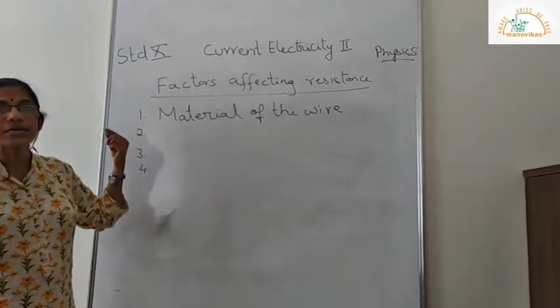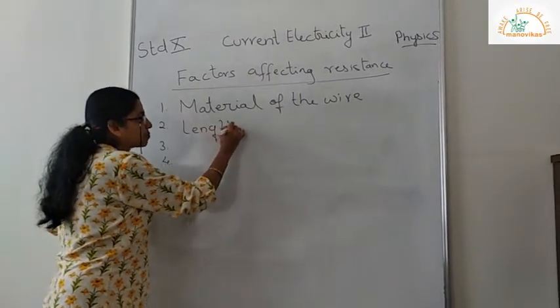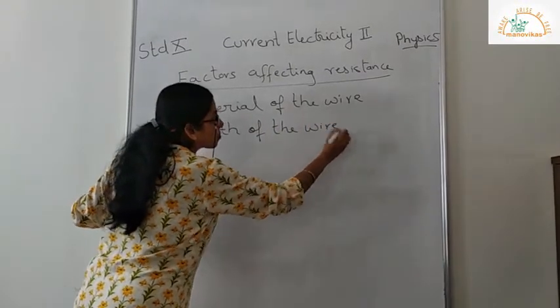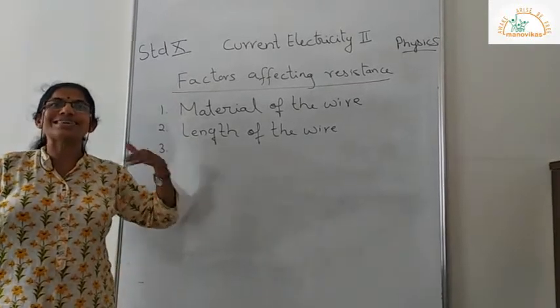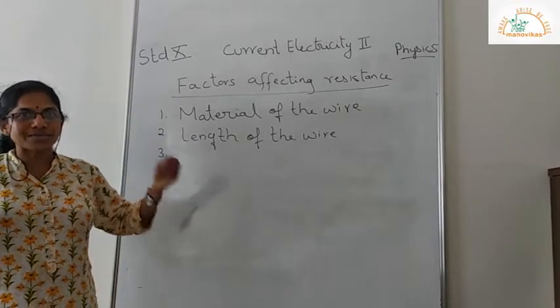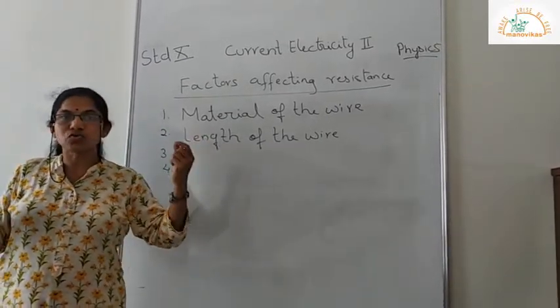The second factor is the length of the wire. As the length of the wire increases, you find the resistance in the circuit also increases. So resistance is in fact directly proportional to the length of the wire that is being used. Correct?